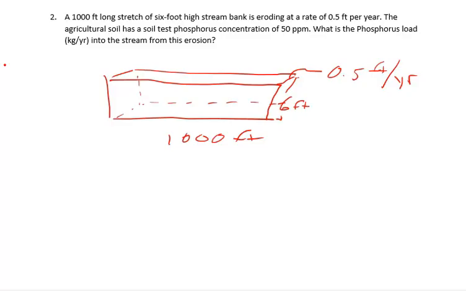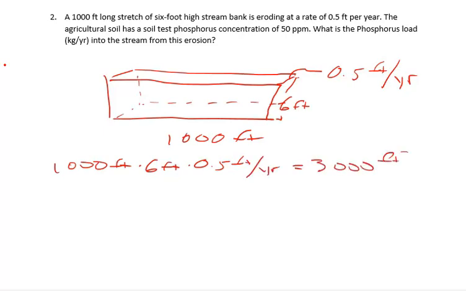So first of all, we have just the volume of it, or volume per year. We have 1,000 feet times 6 feet times 0.5 feet per year. So that's 3,000 cubic feet per year of soil that's going down the stream.